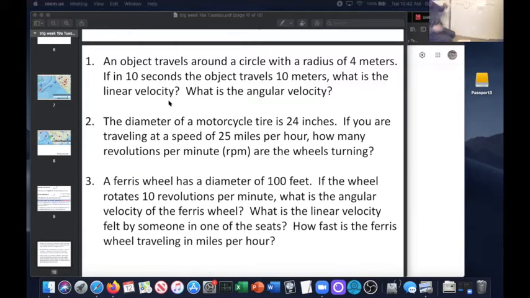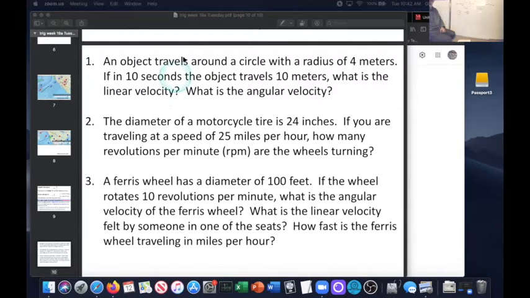All right, so we want to find the linear velocity and the angular velocity. And it tells us something. It says we already are given that in 10 seconds, the amount of distance was 10 meters.